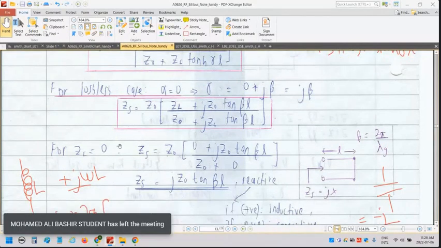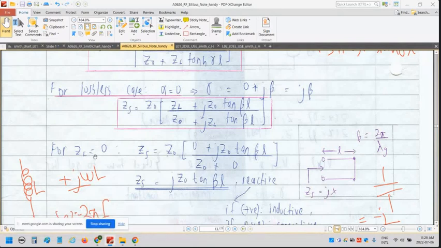Next, what happens if ZL is 0? The load is a short circuit. We know that for a short circuit it is 0.